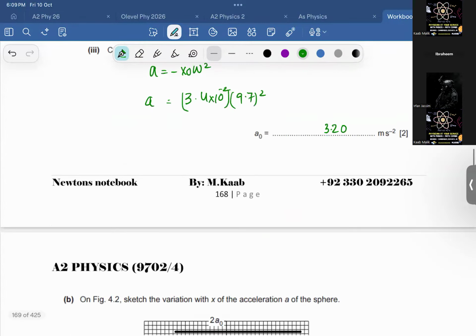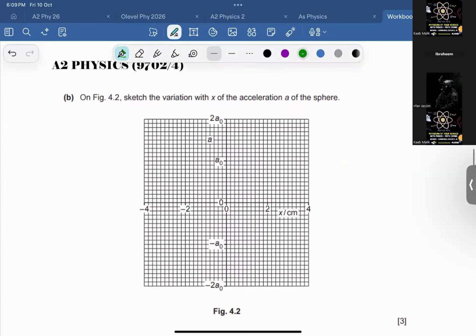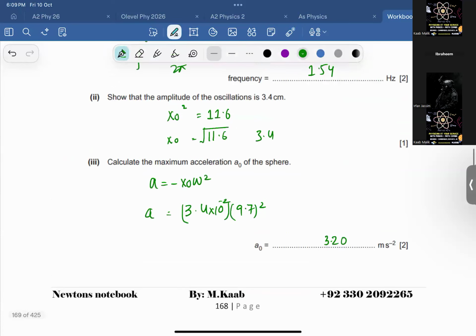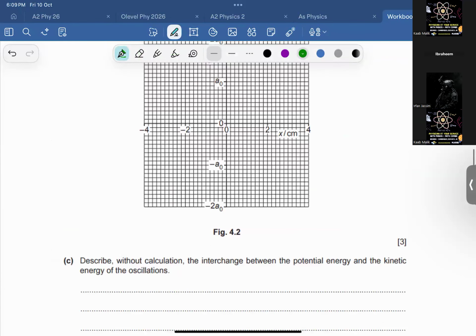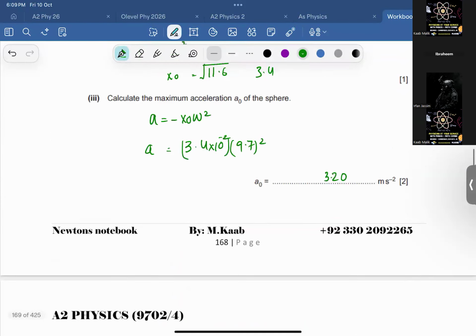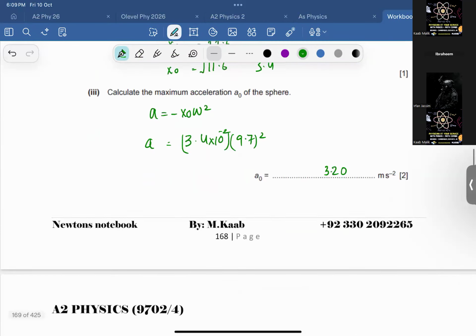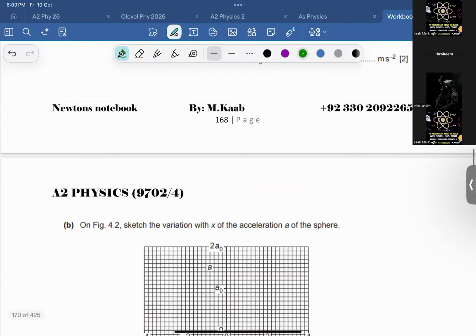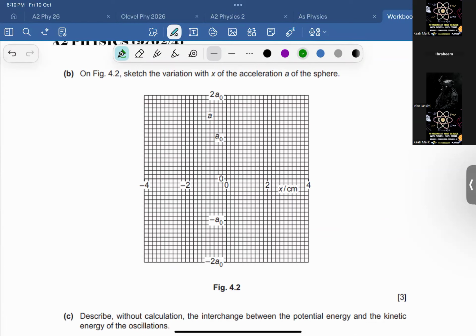Now on the graph, they're asking you to draw the acceleration graph. We know that the amplitude is 3.4 and we have to be careful, they're giving you 3 marks. So 3.4 is the amplitude and acceleration is 3.2. Mark the axis at 2, 2.2, 2.4, 2.6, 2.8, 3.2, and 1 to 6, and this is the A naught.